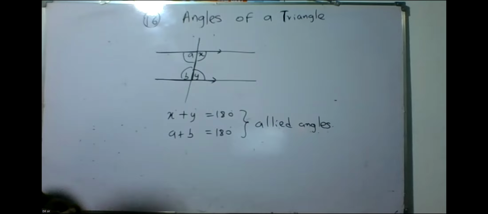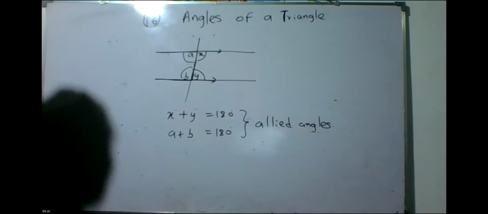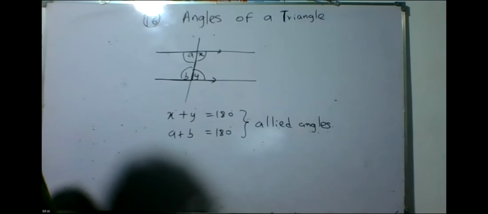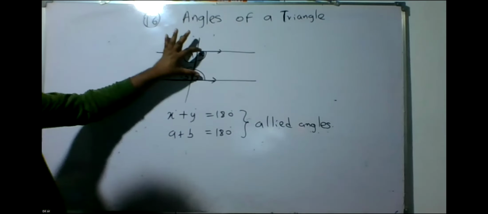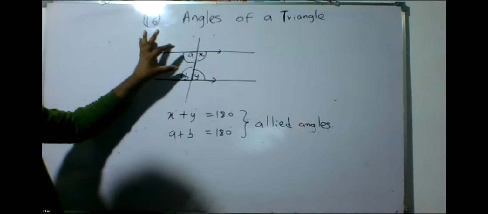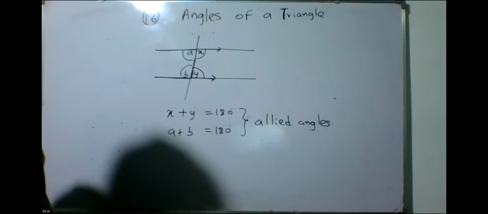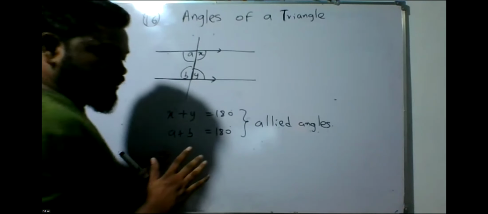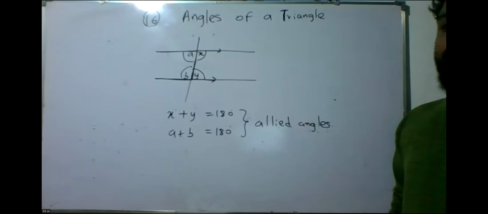Write it down quickly, son. Allied angles: X plus Y is 180, A plus B is 180. Again, I mentioned this is only a revision, because this is a first term lesson.